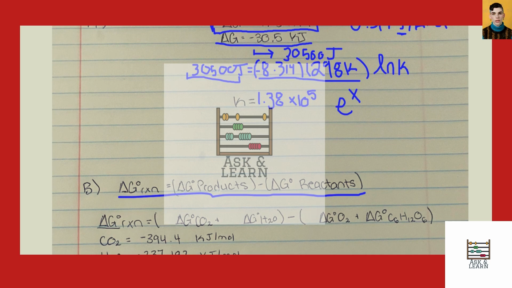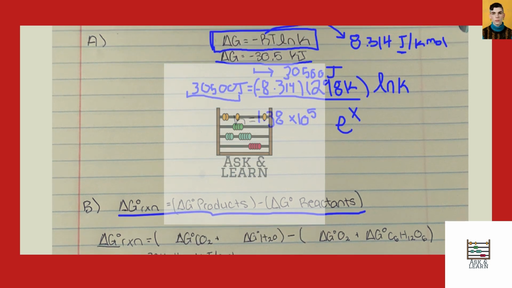I think it's always helpful to write out a little skeleton, and then you can just plug in values where you need to go. So the products we have, we're going to need the delta G of CO2 plus the delta G of H2O minus the delta G of O2 plus the delta G of glucose.